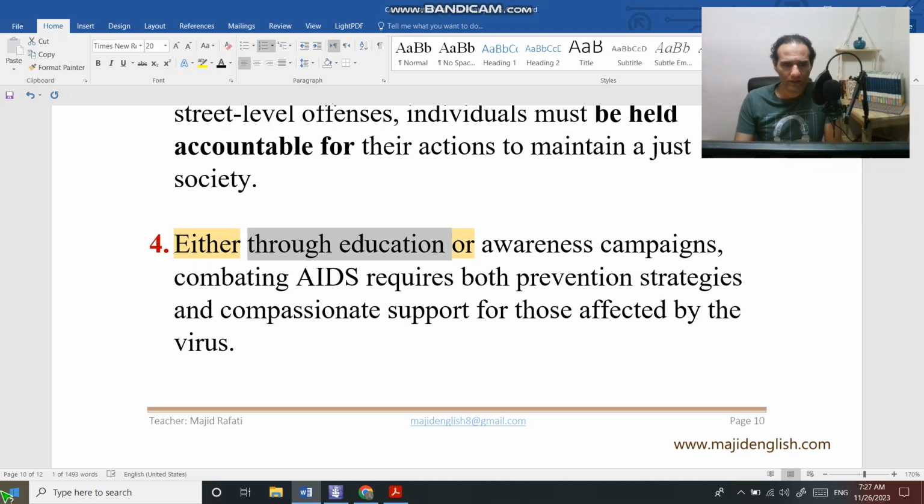So, combating AIDS, fighting AIDS, requires both prevention strategies and compassionate support, a very beautiful phrase, for those who are affected, a reduced adjective clause, later we will talk about it, affected by the virus. So you're looking for a synonym for AIDS, the virus. You're looking for a synonym for dog, the animal. So it was the story of AIDS and connecting that with either...or. Beautiful.